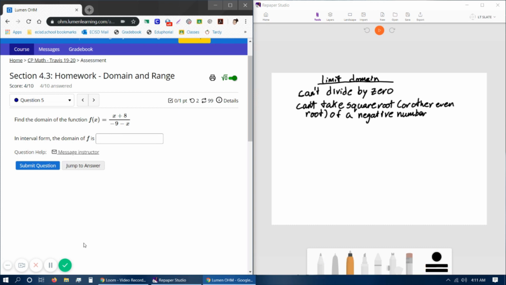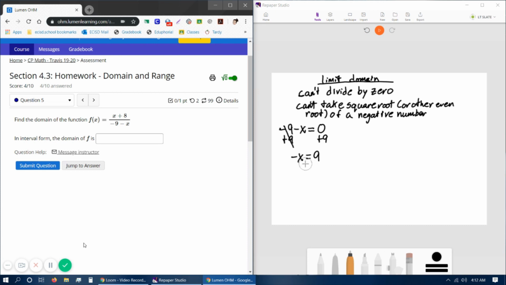I'll set this up on my scratch paper as negative 9 minus x equals 0. I need to get the negative 9 to the other side of the equal sign, so I'll add 9 to both sides to move it over. The 9's on the left side will cancel, giving me negative x equals 9.